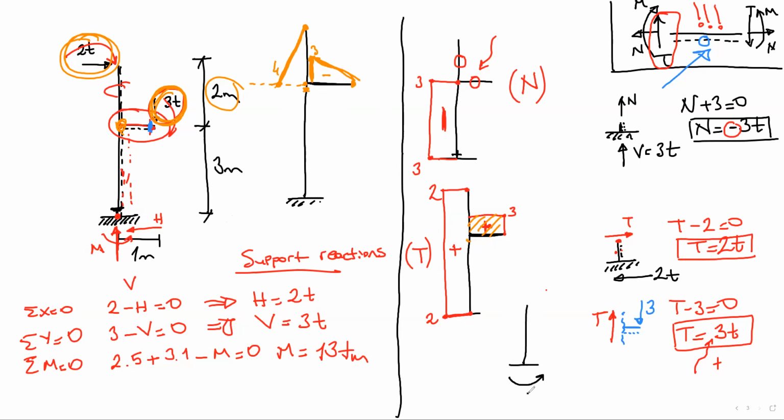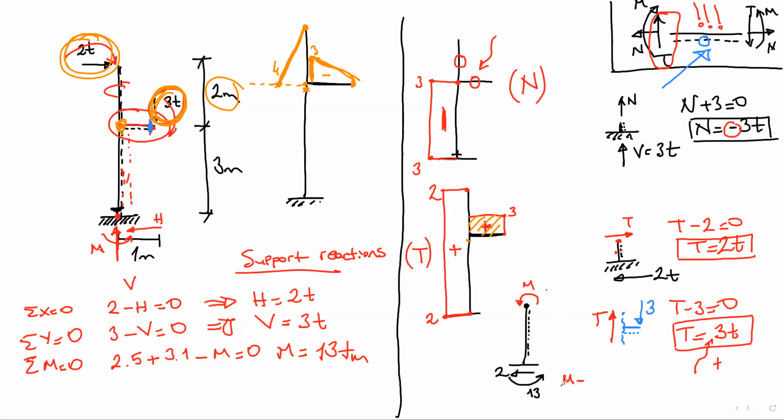This is 3 horizontal versus 2. What is the moment at this portion? This is the dotted line, the positive direction of the unknown moment here. This is the moment we are looking for. Let's do it.